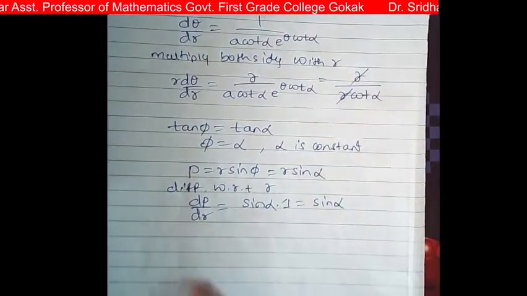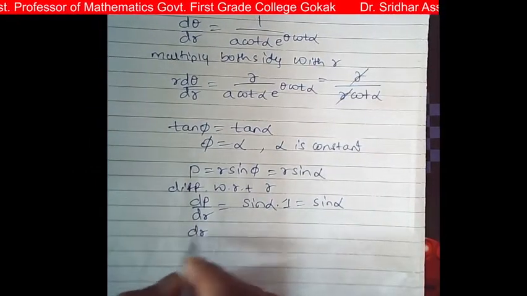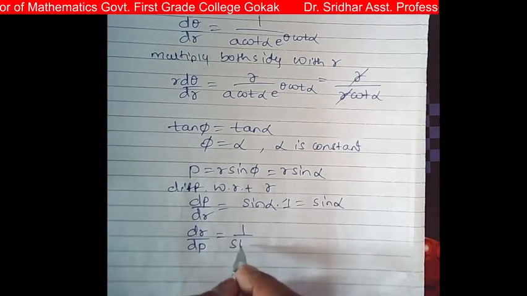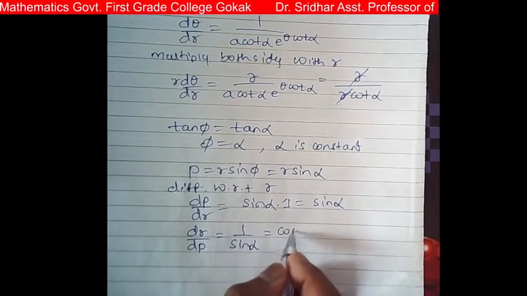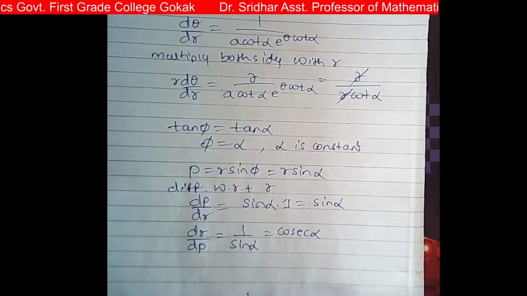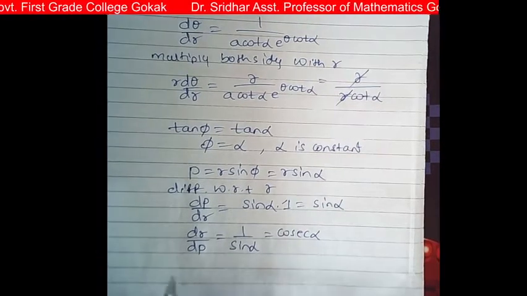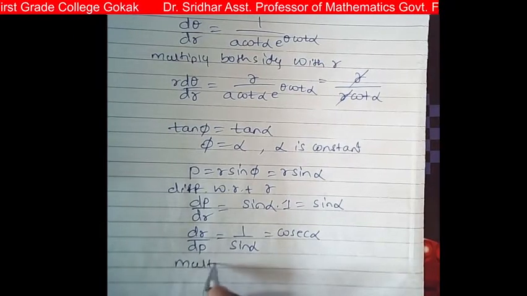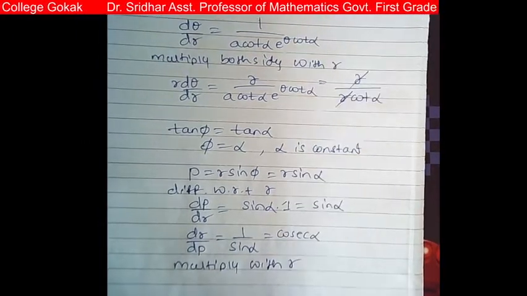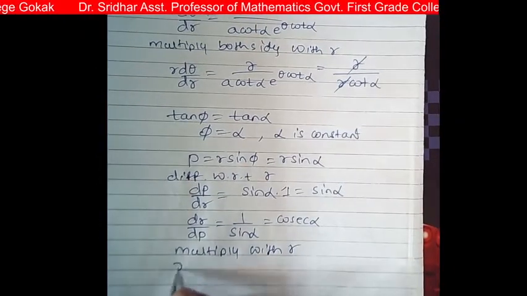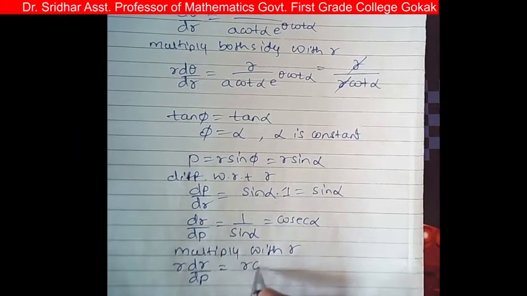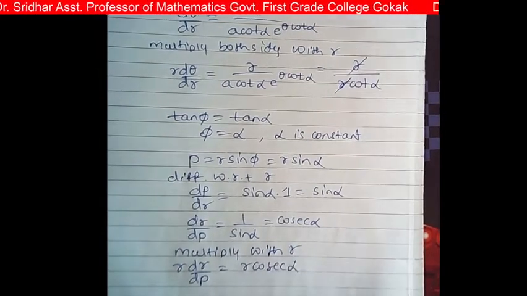So now reversing it, dr by dp is equal to 1 divided by sin alpha, which is the same as cosec alpha. Now multiply with r, which gives r into dr by dp is equal to r cosec alpha.